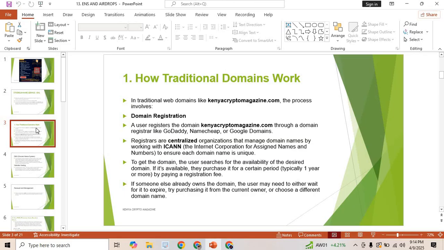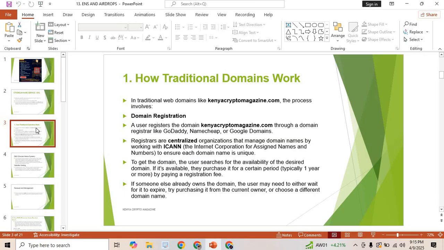So what do we mean by this? Different companies like GoDaddy, Namecheap, Google Domain, Hostinger, will work together with the Internet Corporation for Assigned Names and Numbers, so that, for example, in this case, because I bought kenyacryptomagazine.com from Hostinger, it then means that name will be unavailable across all companies, because remember, they all get these names from where?